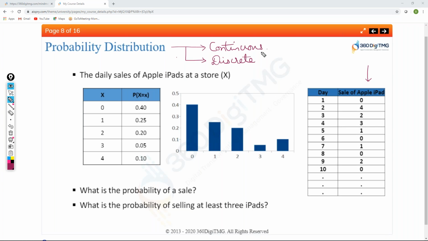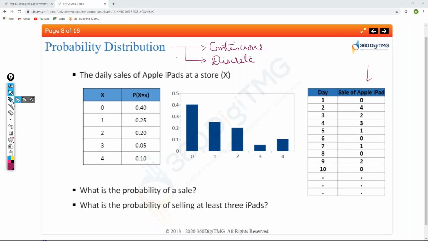Let me see how many of y'all will get it right. Mixed responses. Let me look at the chat window. A few of y'all are saying continuous, a few of y'all are saying discrete.